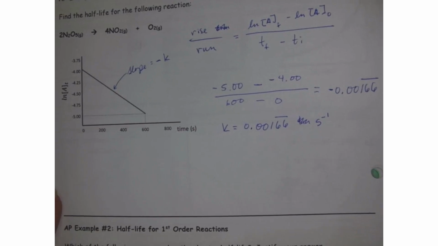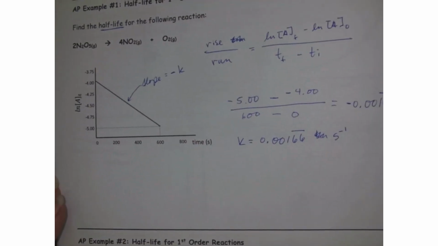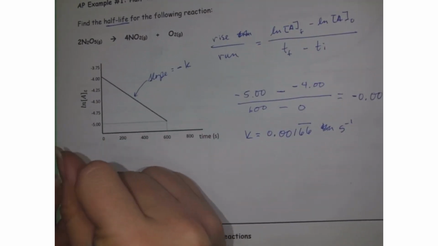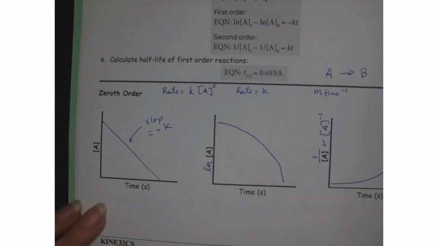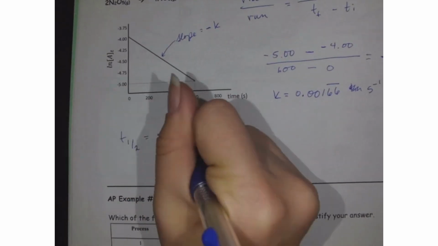All right, great. But the question was find the half-life. And we saw an equation. To figure out the half-life, what we do is 0.693 divided by k.